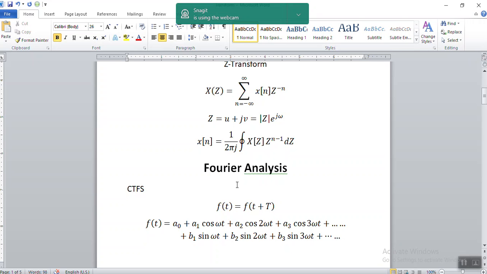So, this is the analysis named after the French mathematician Joseph J. Fourier, and actually he had carried out one experiment during 1822 on the flow of emission of heat, and out of which he concluded that any periodic radiation or any periodic signal can be represented by an infinite number of sinusoid with harmonically related frequencies.